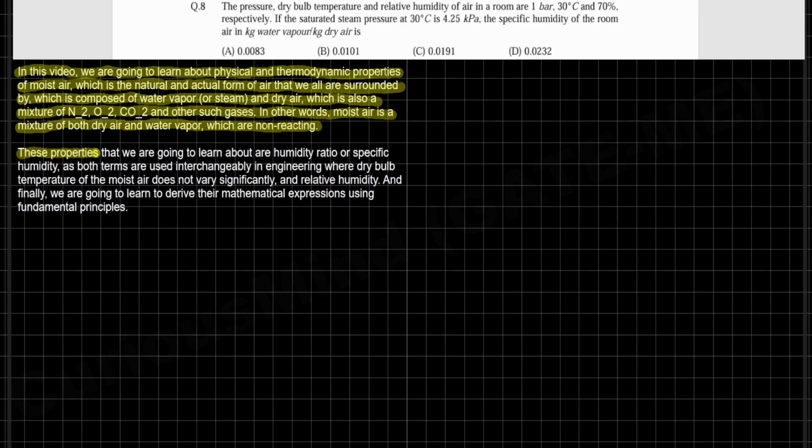These properties that we are going to learn about are humidity ratio or specific humidity, as both terms are used interchangeably in engineering, dry bulb temperature of the moist air, and relative humidity.